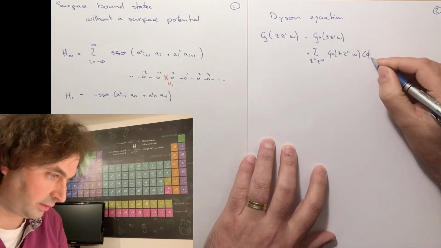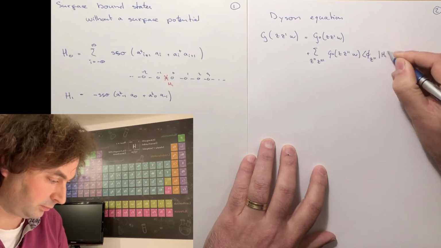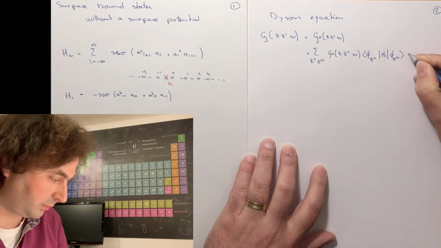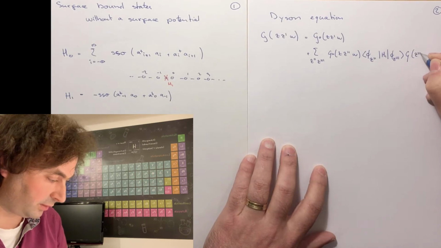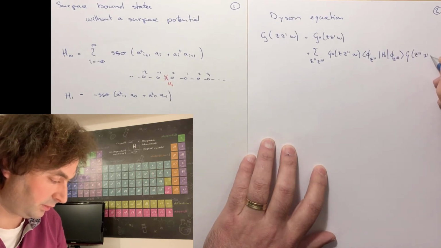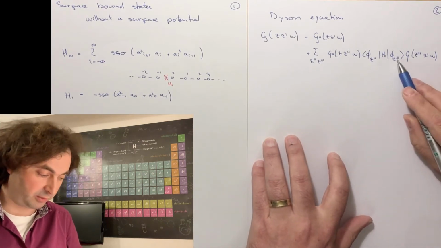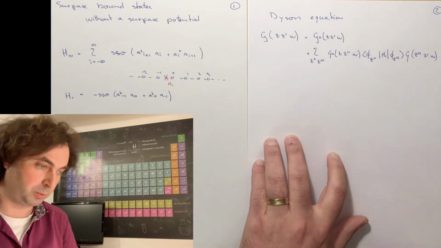Then we have a scattering z triple prime, and we have the Green's function z triple prime to z prime. So we move from z prime to z triple prime, we scatter from z triple prime to z prime, z double prime, and we move from z double prime to z.